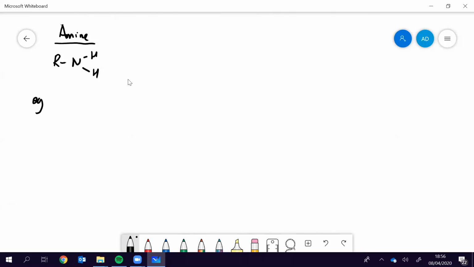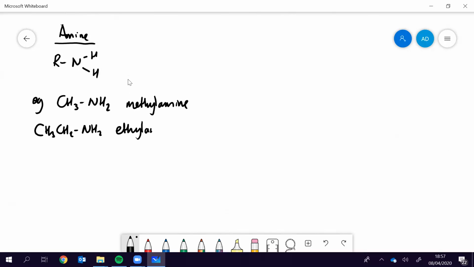So for example, you can have methylamine. You can have ethylamine, and so on. Amides are kind of like carboxylic acid derivatives, because in amides you have an alkyl group, then a carbonyl carbon, and attached to the carbonyl carbon you have an NH2 group.